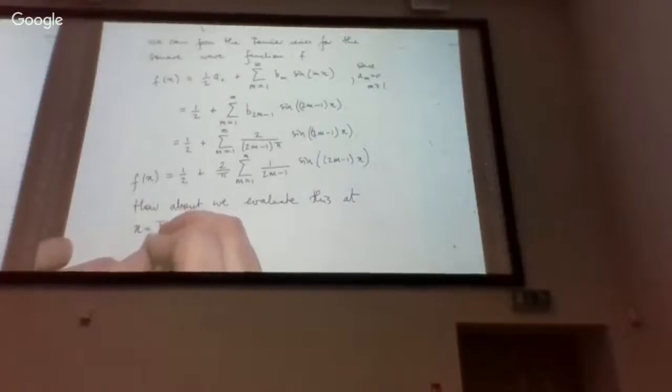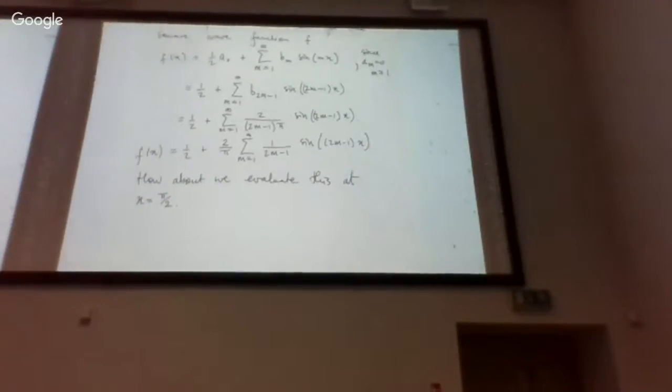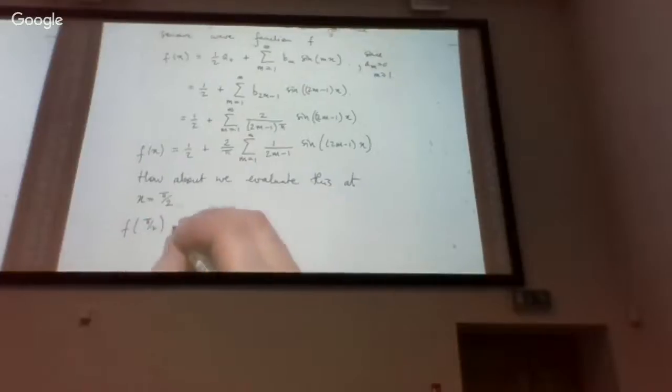We put in the value pi over 2. On the left-hand side, you've got f of pi over 2, which by definition is 1. Square wave function, Heaviside step function, at pi over 2, simply 1.